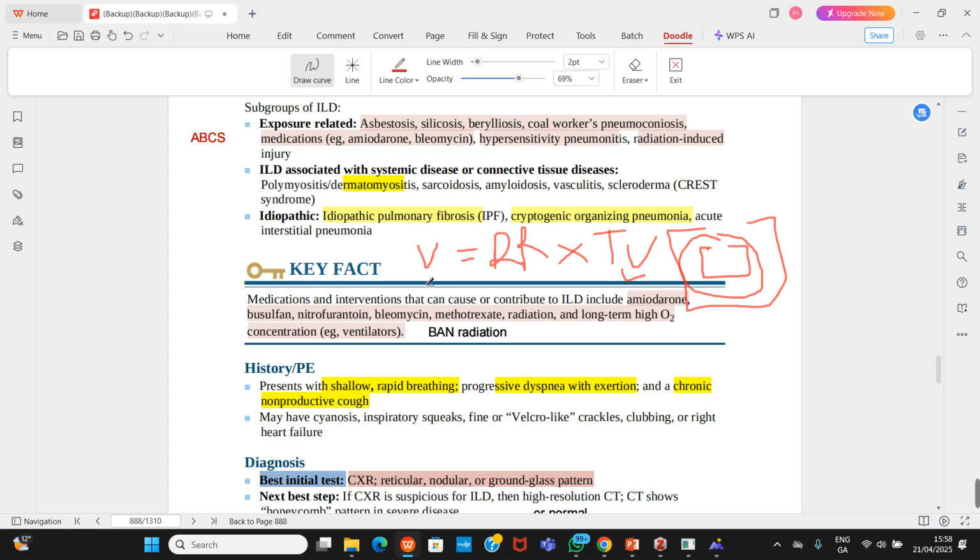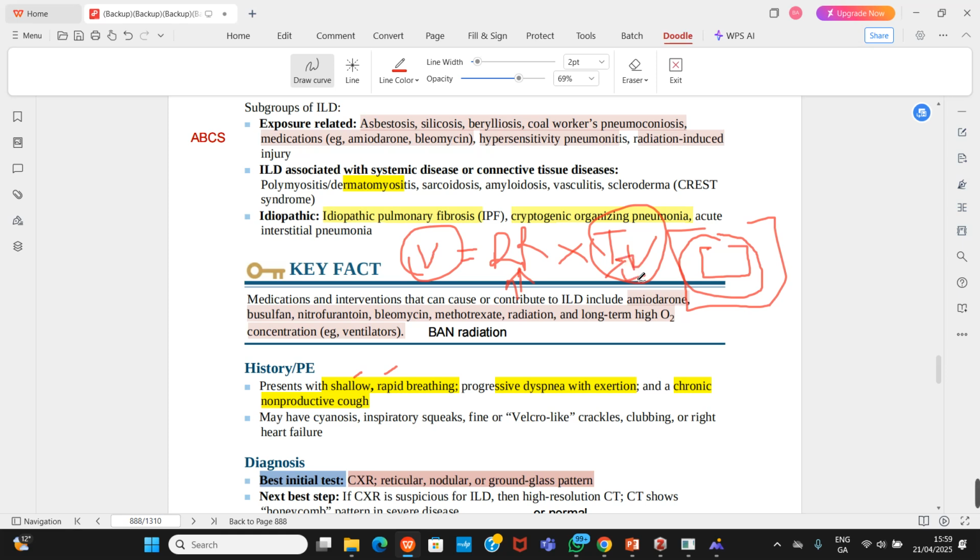So if I want to increase ventilation in this person, it's best for me to increase respiratory rate, because there's little I can do to the tidal volume. That is why people with ILD engage in shallow, rapid breathing. If you increase respiratory rate, you have rapid breathing. If we reduce tidal volume, it's going to be shallow. It will not be deep.